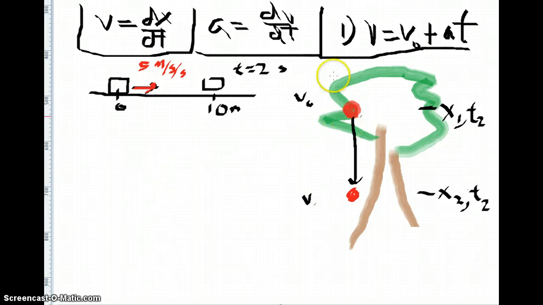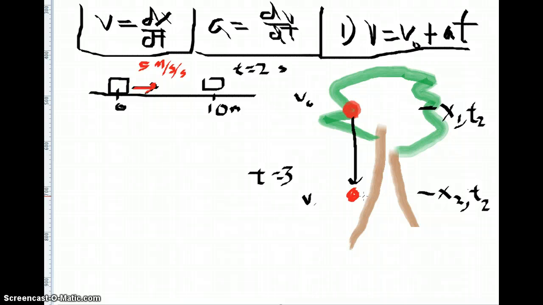Alright. So what about this tree over here that I've drawn? Is there anything we can do with that? Let's say we have this apple. All of a sudden it fell from the tree. It maybe took, let's say 3 seconds. And we want to figure out how fast the apple is moving after 3 seconds before it's hit the ground.